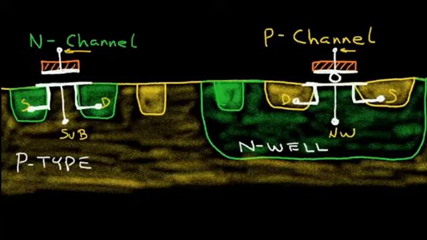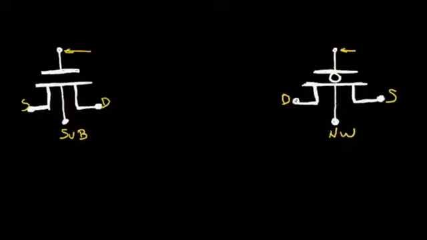Let's turn off the silicon layers and just view the symbols. So sometimes I find it very convenient to think of these symbols in terms of the actual transistor structure. For example, let me erase that little mark.